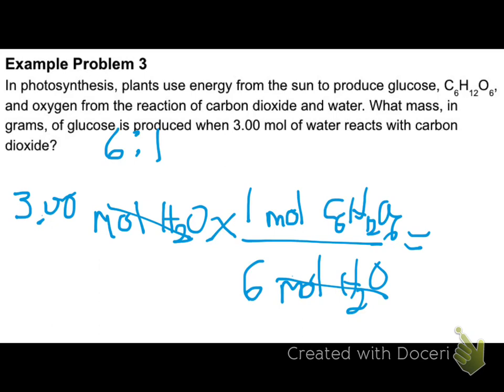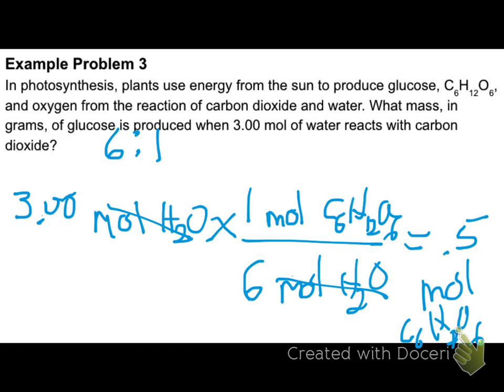So what we're going to do then is do the math. 3 times 1 is 3, and 3 divided by 6 is a half, right? So we'll go with 0.5, and that is how many moles of glucose. Okay, so now we have moles of glucose, which is awesome.